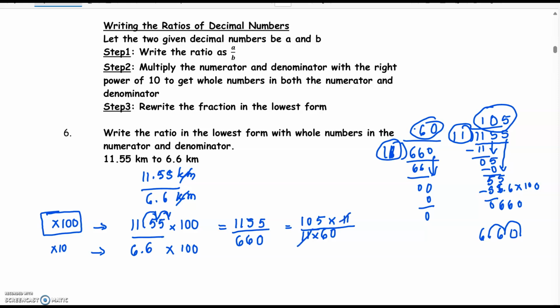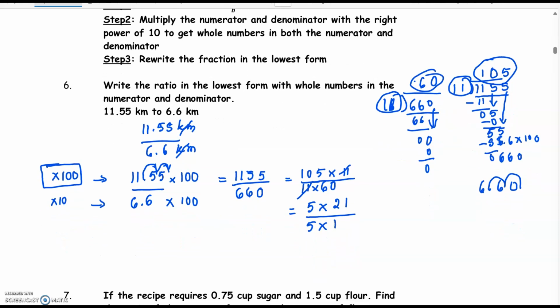So I cancel the common factors. I know 5 goes into both. 5 times 1 is 5, 5 times 2 is 10. This ends with a 5, so I can divide 105 by 5. Five 2s are 10.